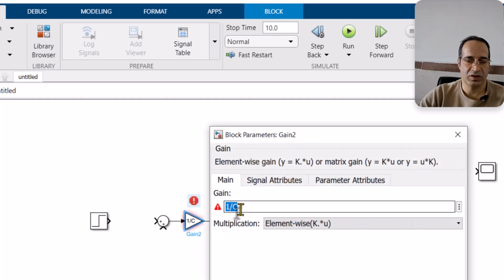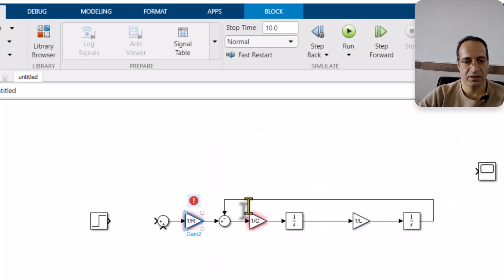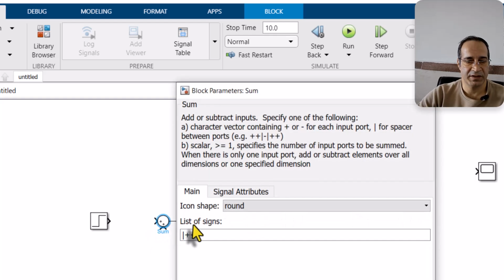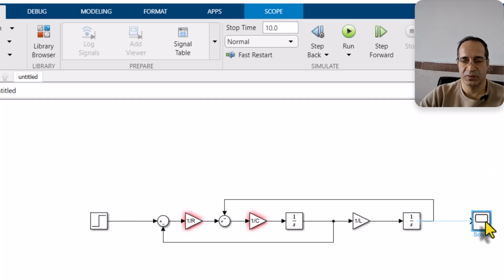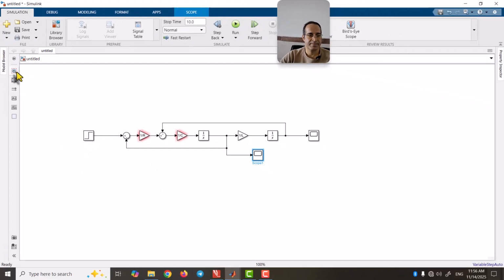This is 1 over R. Okay, that's it. And then this is the minus sign, which comes from VC. VC comes from here. And then input comes to this part. And I'm going to see IL and another block for VC. Okay, this is VC. And that's it.